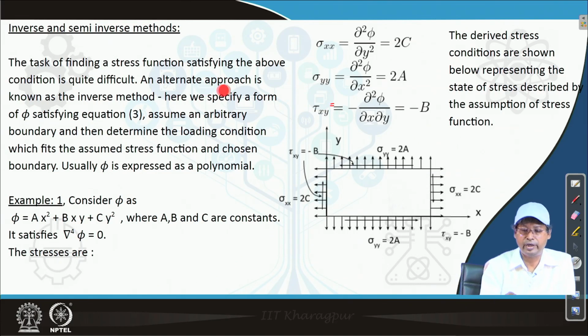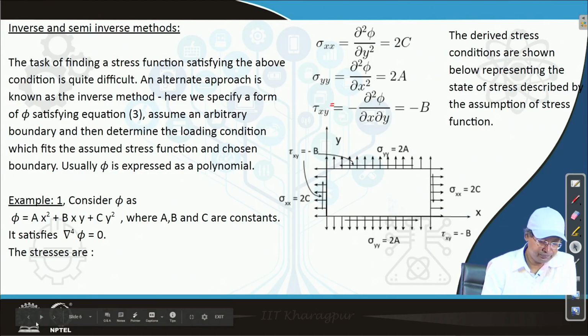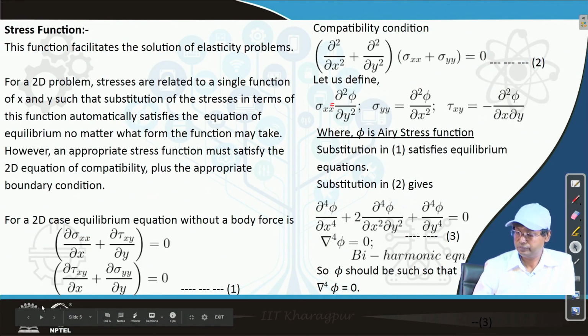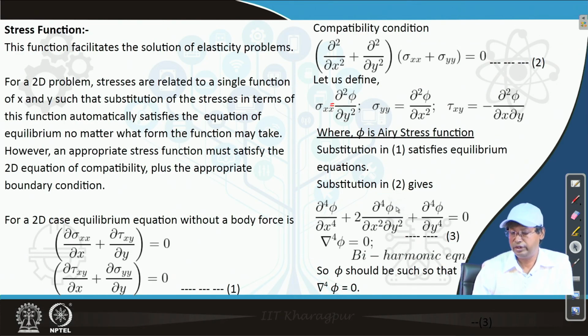An alternate approach is known as the inverse method. Here we specify a form of phi satisfying equation 3. What is equation 3? This is equation 3, the equilibrium equation to satisfy.